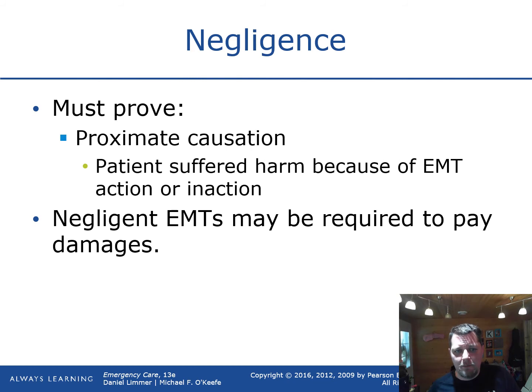They must prove proximate causation, that the patient suffered harm because of the EMT's actions or inactions. And negligent EMTs may be required to pay damages. So you have to have all three of those things in order for them to prove negligence, not just one. They have to have all three.